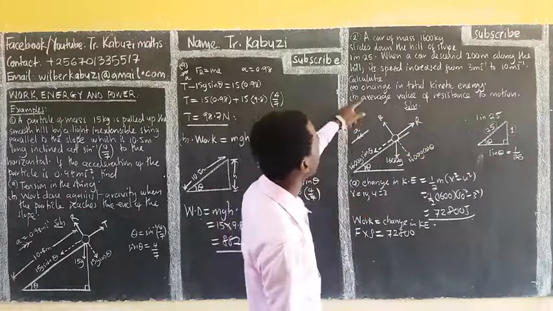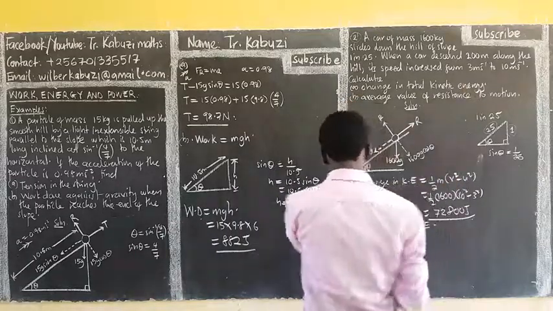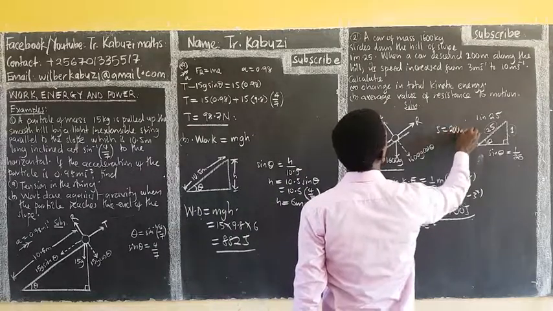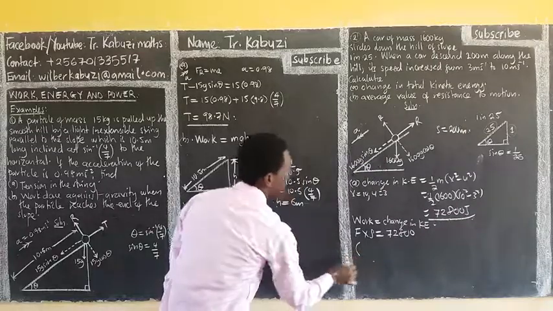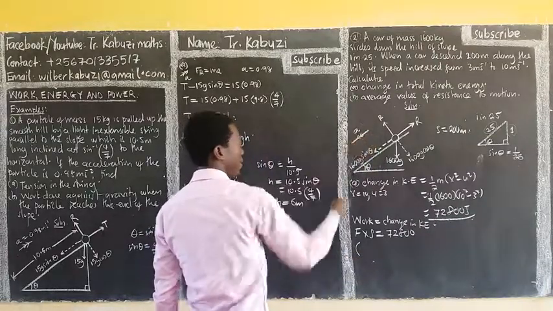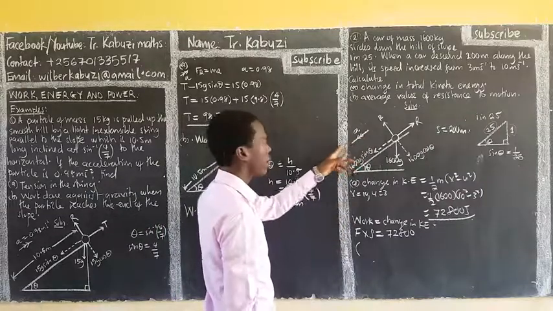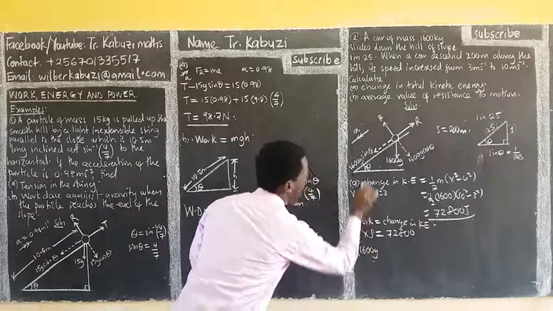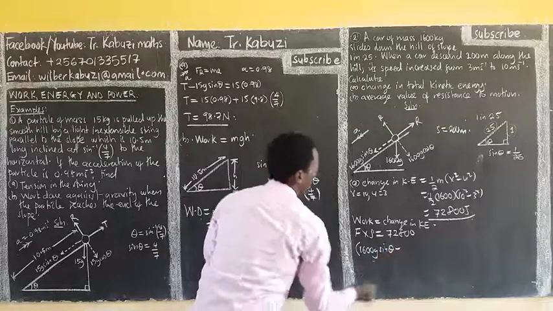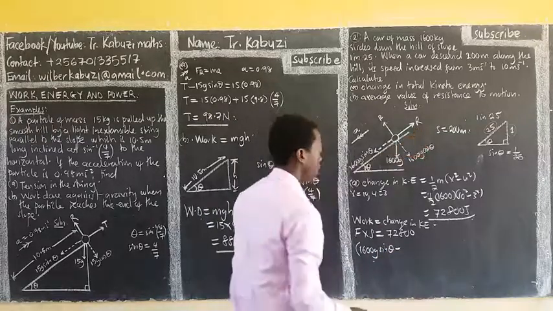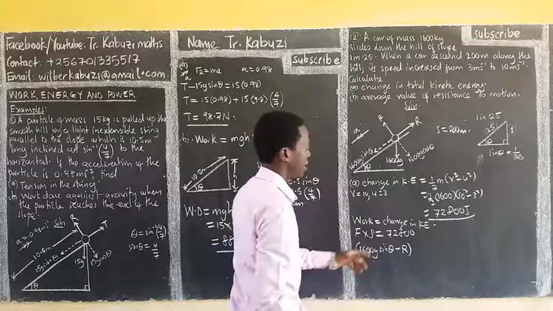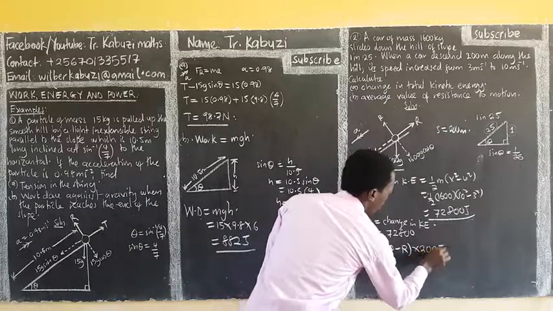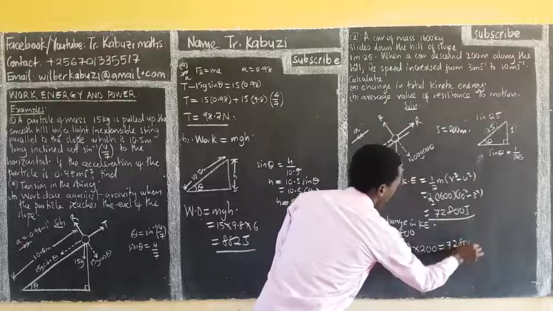Our distance S was 200 meters. The force pulling in the direction of the acceleration is what we are looking for, so the resultant force is going to be 1600 times 9.8 times sine theta, which is 1/25, minus R, the resistance force opposing, times the distance covered against that resistance, 200, equaling 72800.